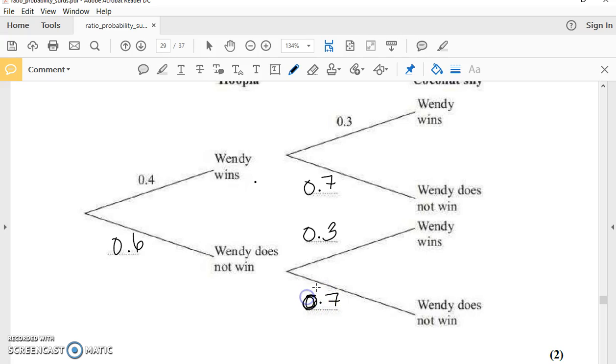So, when we did the dependent probability, it changed whether or not it was windy or not windy, right? But whether or not she wins that first game has nothing to do with whether or not she's going to win that second game. So those two branches are going to stay the same.